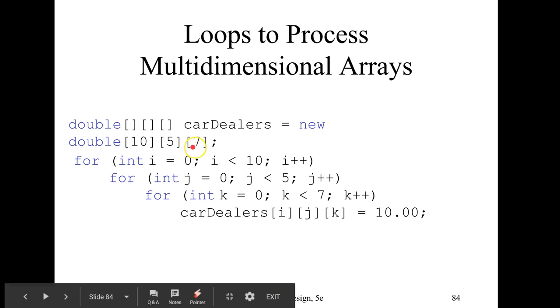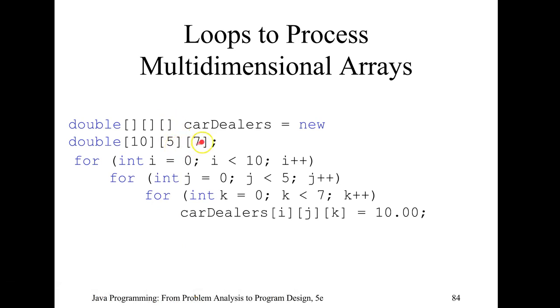And just as we added a bracket for two-dimensional arrays, we simply add as many brackets as we need for as many dimensions. And just as with two-dimensional arrays, all this says is car dealers is going to be a three-dimensional array. Here is where I'm setting how many are in each dimension.